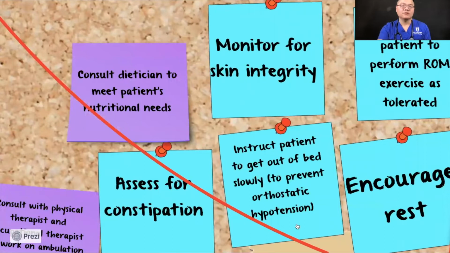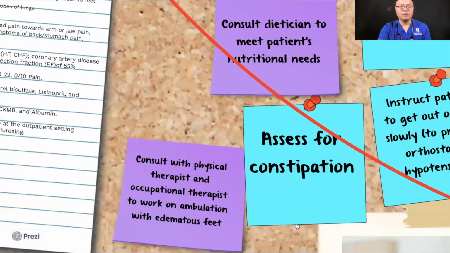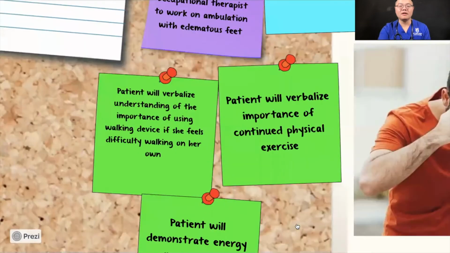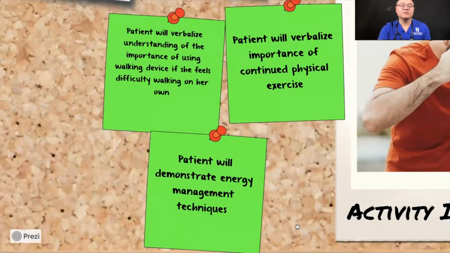Next, we will consult a dietitian to meet the patient's nutritional needs. And we will consult with a physical therapist and occupational therapist to work on ambulation with edematous feet. Last, our goals: the patient will verbalize understanding of the importance of using a walking device if she feels difficulty walking on her own.